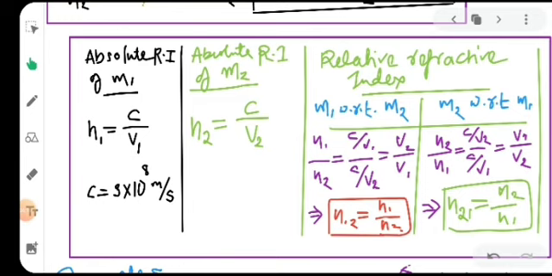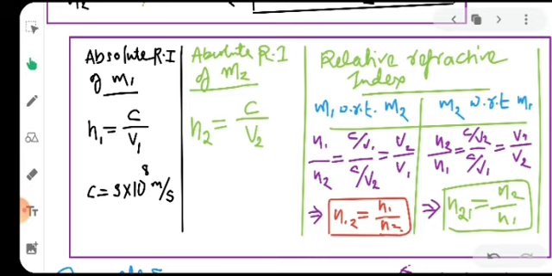Now we have come across the two different kinds of refractive indexes. One was the absolute and the other one the relative refractive index. Now all these terminologies were defined based on velocities in the medium.